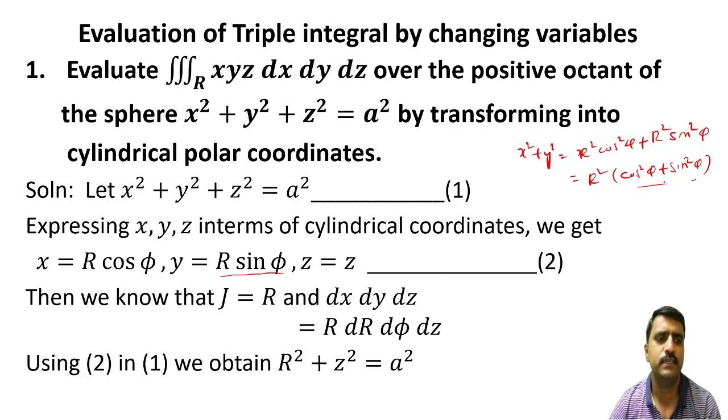So then this becomes 1, which is equal to r square. So in place of x square plus y square we can write r square.